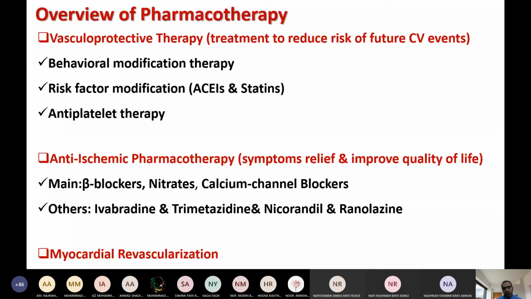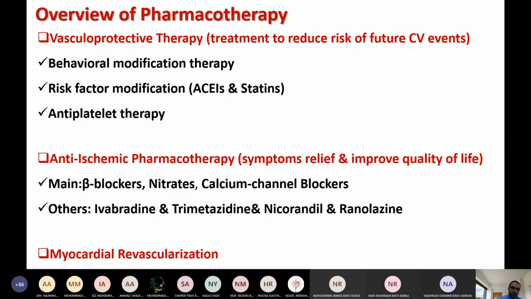In this group, we have beta blockers, nitrates, calcium channel blockers, and other medications that are less commonly covered by the evidence, like ivabradine, trimetazidine, nicorandil, and ranolazine.